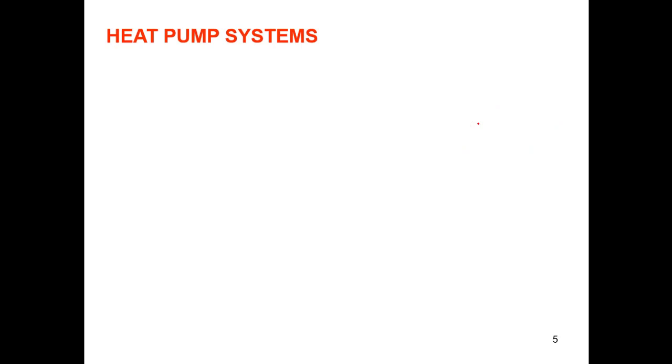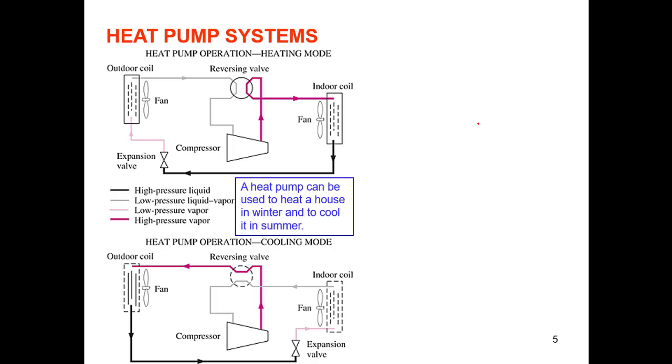Next, we'll discuss the heat pump system. Normally, in our household, we are using an air conditioner. An air conditioner is normally used to produce a cooling effect, to produce comfort. Basically, a heat pump and an air conditioner have the same components, and same components means both have two coils.